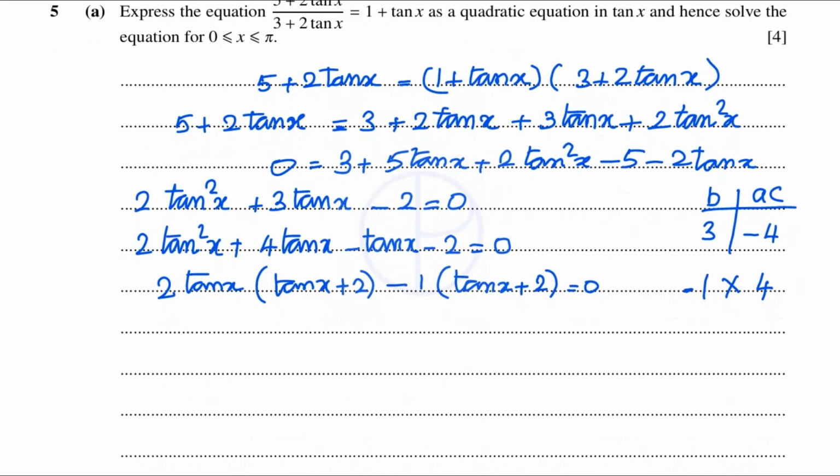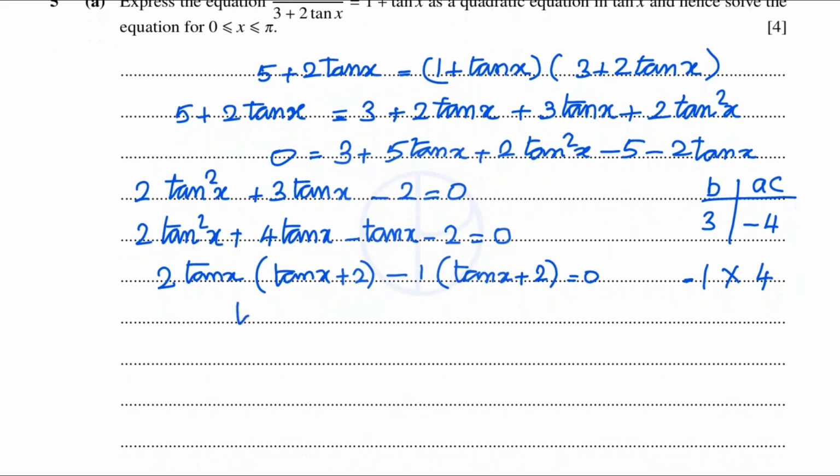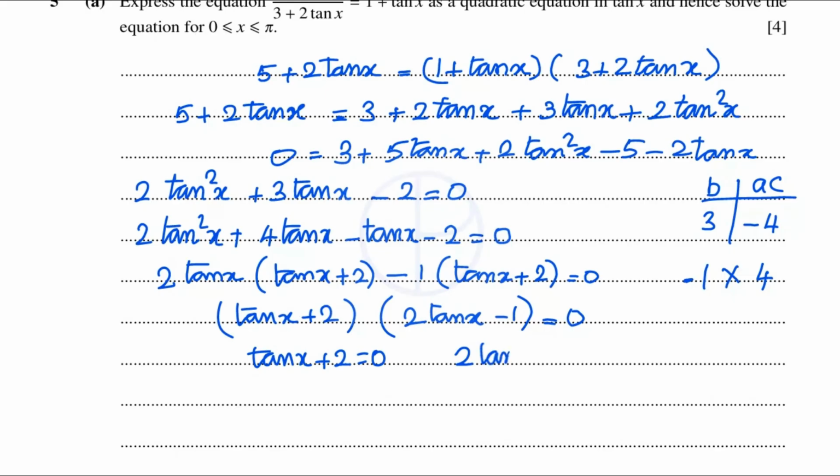So now tan x plus 2 is common in both the terms. So we get tan x plus 2 take it commonly. tan x plus 2 times 2 tan x minus 1 equal to 0. So tan x plus 2 is 0, or 2 tan x minus 1 is 0.